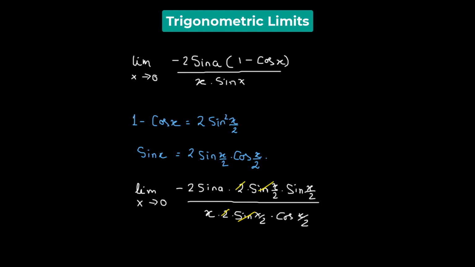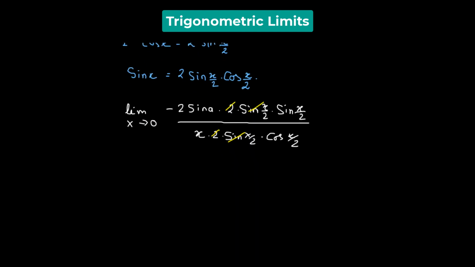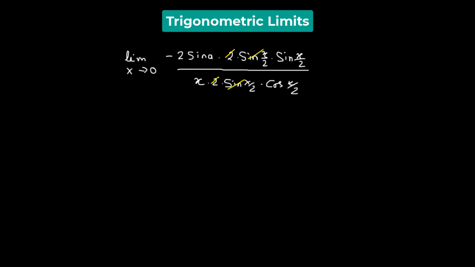So this ratio is tangent of x over 2, and the rest of the remaining terms. So we have limit x approaching 0. We can take the negative 2 to the front of the limit, as well as sine a. So we have negative 2 sine a times limit x tending to 0 of sine x over 2 divided by cos x over 2, which is tangent of x over 2, divided by x.